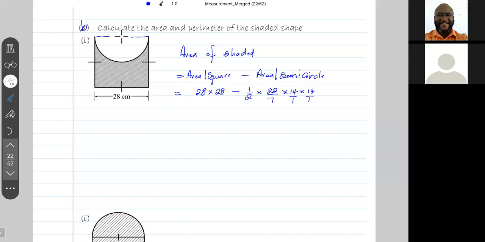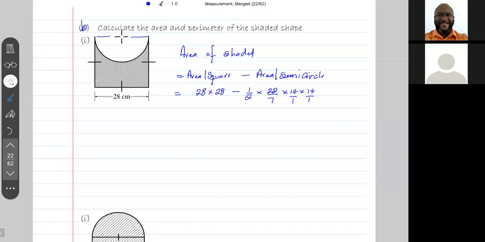The diameter of the circle is 28, so the radius, which is half, is 14. It is half pi r squared because what is removed from the square is half of a circle, which is a semicircle.